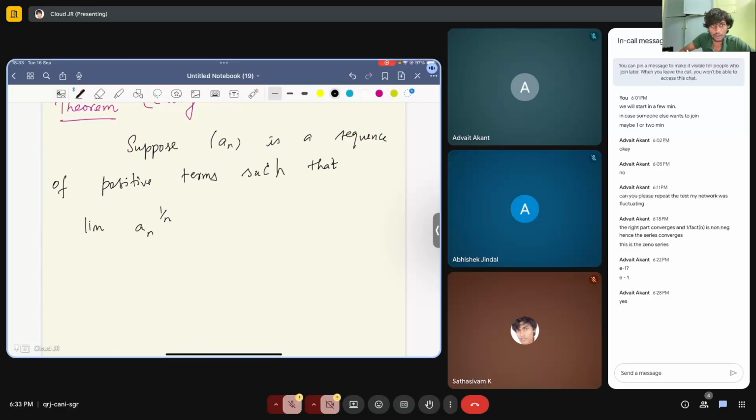Here also, it's not necessary that you always get this kind of limit to exist, but we are assuming that a limit exists.